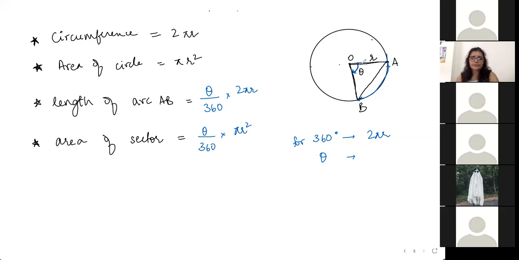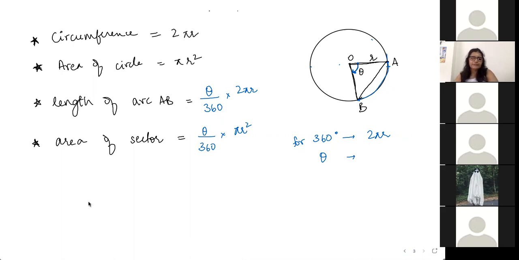Same logic. For the complete 360 degrees, the area of the full circle is pi r square, but you're not considering the full 360 degrees. You're considering only part of it, which is whatever the angle theta is. So again, theta upon 360 into pi r square. So this is the area of a sector. So till here it's pretty easy.